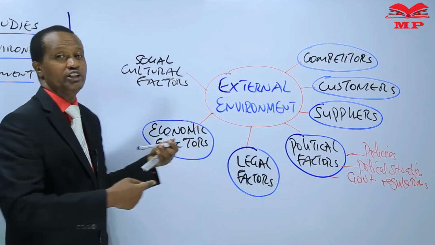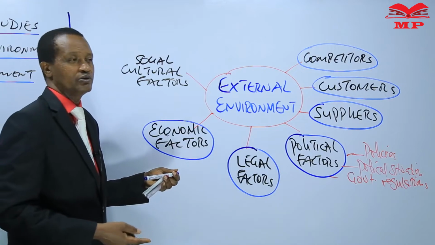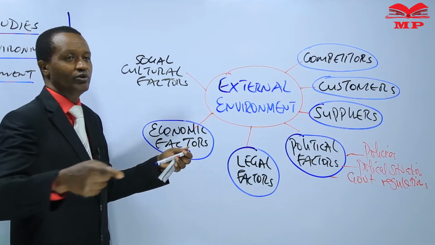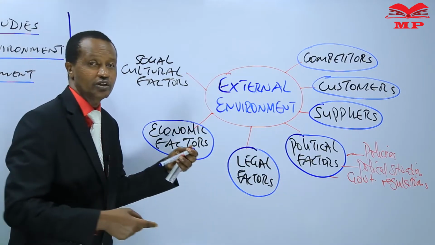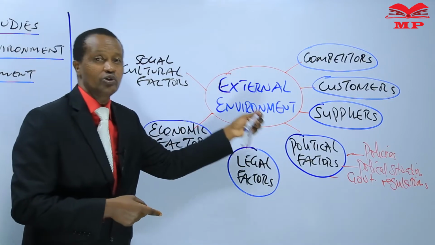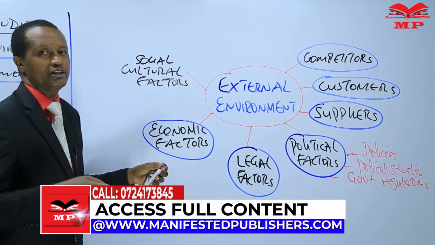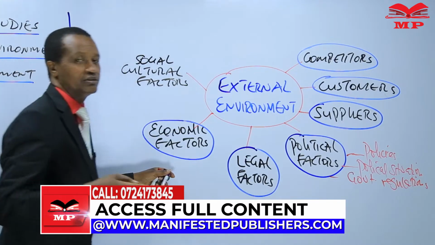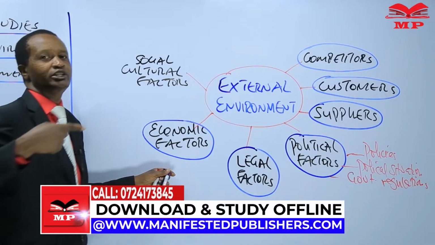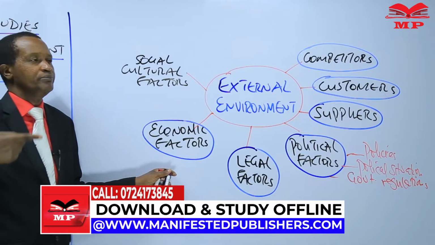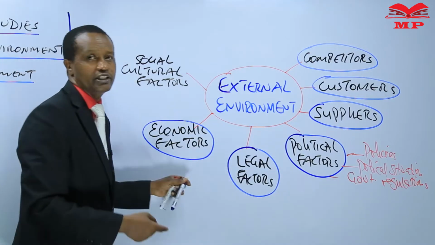So if you are in the business of offering clothes, and there is demand in rural areas for clothes that are worn in urban areas, then you also need to change, so that you don't supply clothes that are no longer worn in the villages. So we are saying if the tastes and preferences of consumers change, then the business has also to change so as to meet the new needs of the customers.